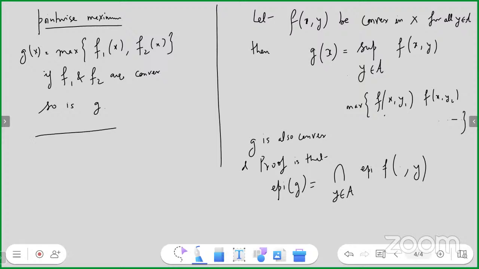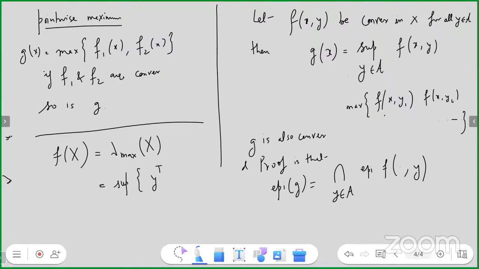The simplest example, which we actually did, is let's say f of capital X, where X is a matrix: lambda max of X. Now this can be written as the supremum over y of y transpose X y.